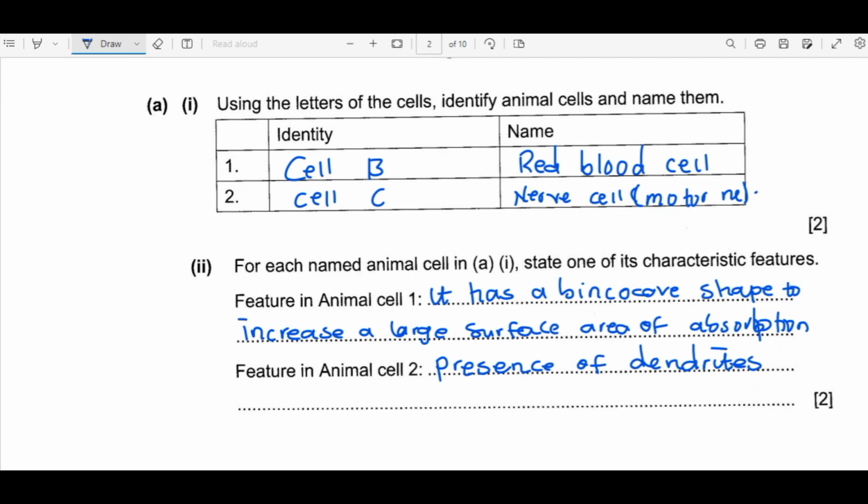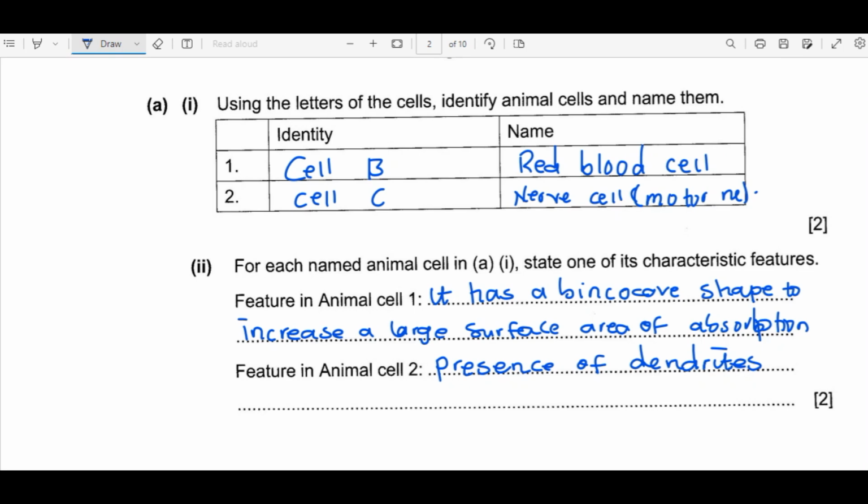And apart from the presence of dendrites, we can also give the presence of the axon, which act as the passage for these impulses within a cell. Then also presence of myelin sheaths, which act as an insulator.